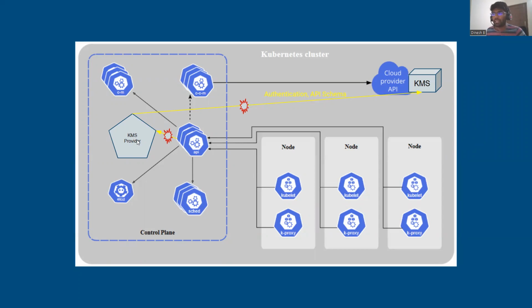So these are the things that can go wrong. Using the pod logs of the KMS provider and the pod logs of the API server, we should be able to debug and find the current issue.